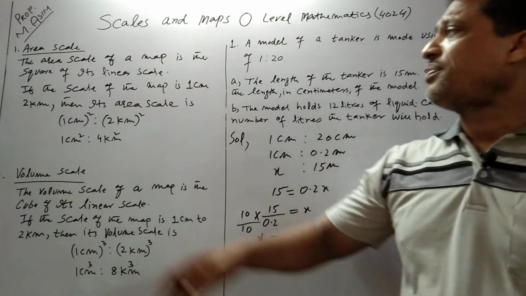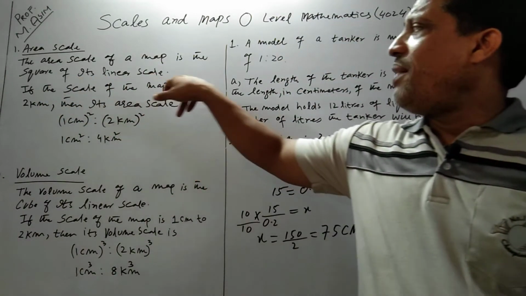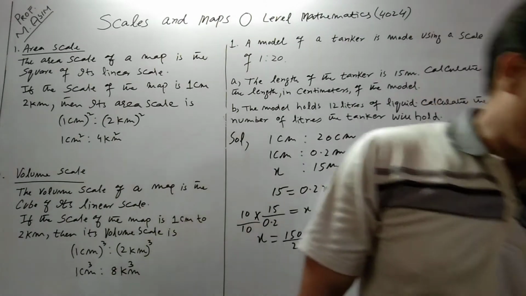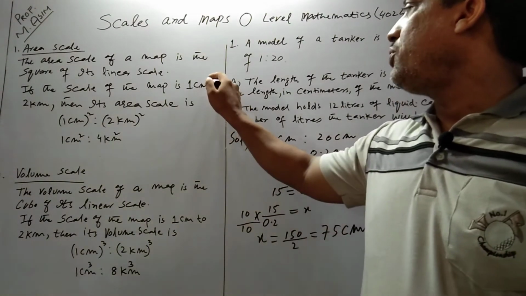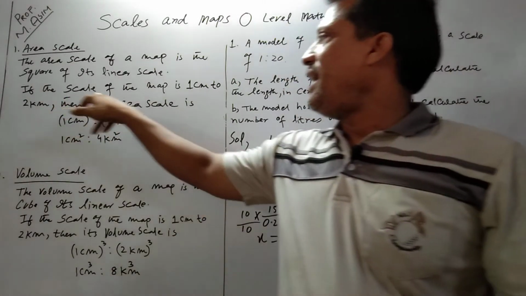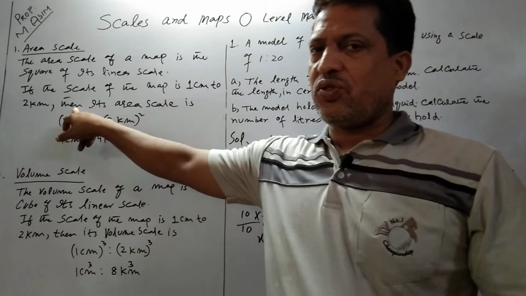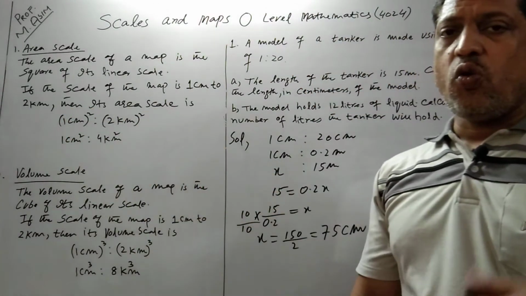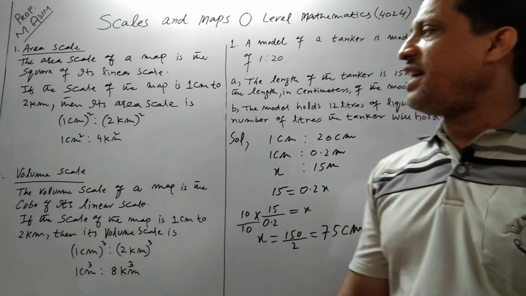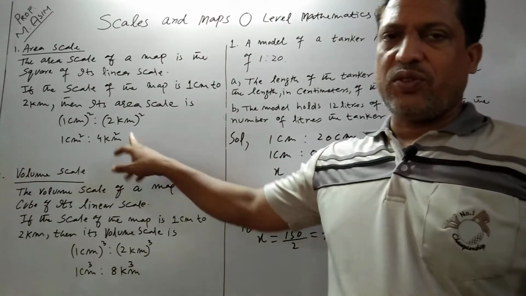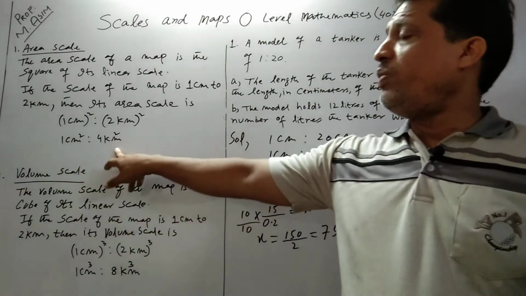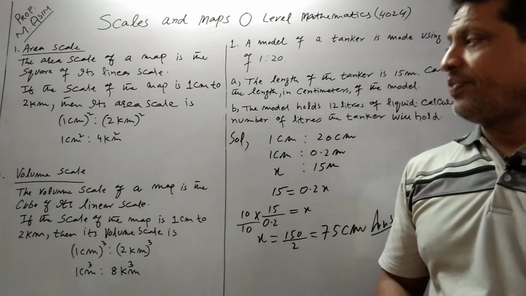For example, if the scale of the map is 1 centimeter to 2 kilometer, then its area scale is 1 centimeter square to 2 kilometer square. 1 squared is 1, so 1 centimeter square, 2 squared is 4, 1 centimeter square to 4 kilometer square. It means 1 centimeter square on the map represents 4 kilometer square on its actual value.